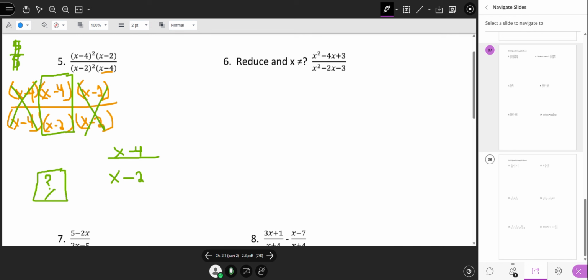So, this one is type 2. Type 2 is minus big minus small. So there's only one way to get a 3. Minus big minus small. So minus big is minus 3. Minus small is minus 1.